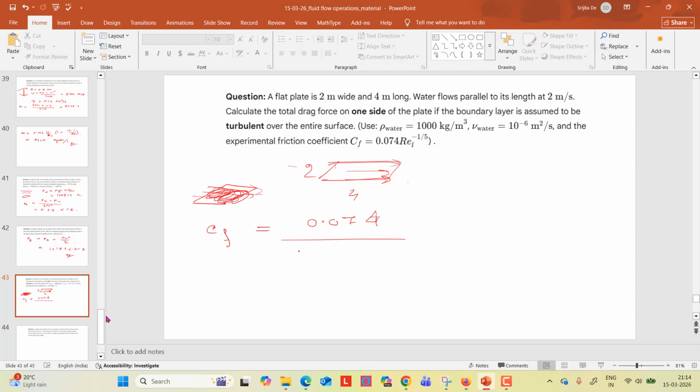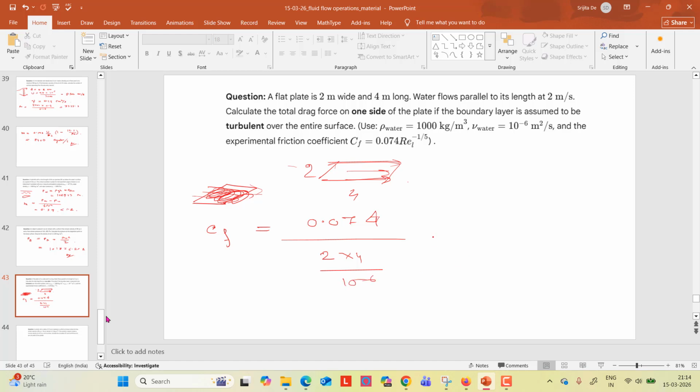So Re will be U, that is 2 meter, U, L is here the 4, and nu is 10 to the power minus 6, right?